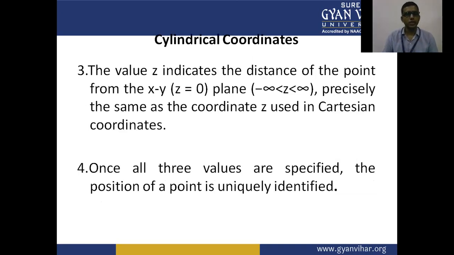The next value is z, which indicates the distance of the point from the xy plane. That is, the equation for the xy plane is z equal to 0, with z varying from minus infinity to infinity, precisely the same as the coordinate z used in the Cartesian coordinate system.